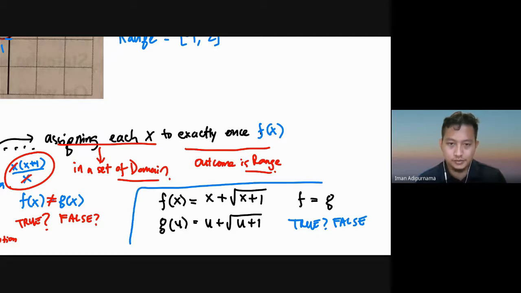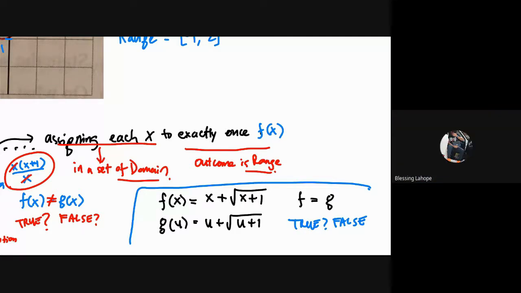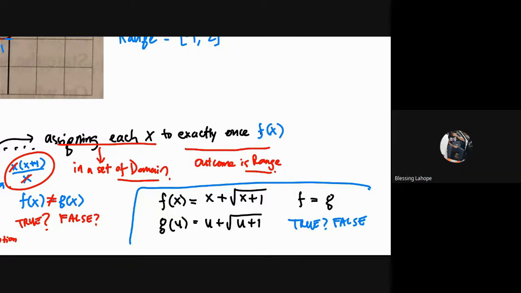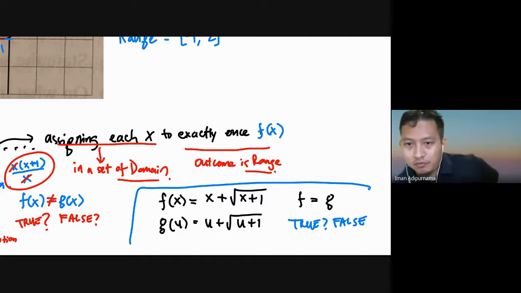This part, the f(x) and then g(u). True, sir. True, false? Any idea? One person says true. What about others?